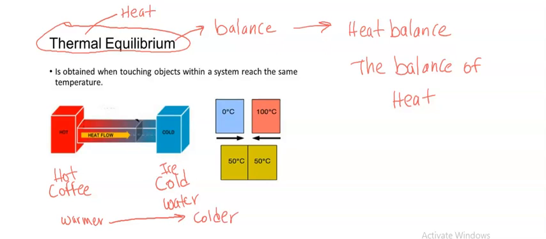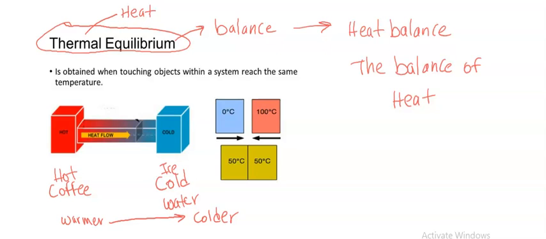Okay. So that's what you see here in this diagram. The heat flow went from the hot, warm area to the cold area, right? Especially when they touch together.